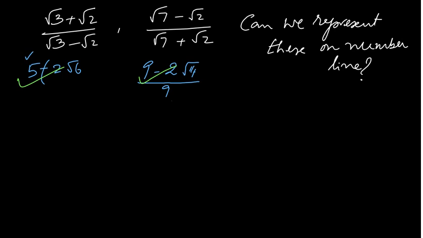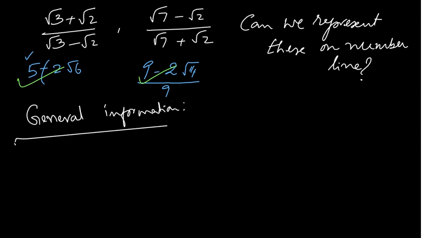So general information on how these irrational numbers come about. If you have a square, for example, the entire geometry, whatever we think is perfect, is all run on this actually.